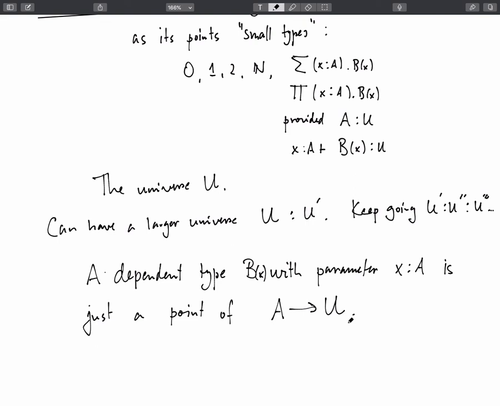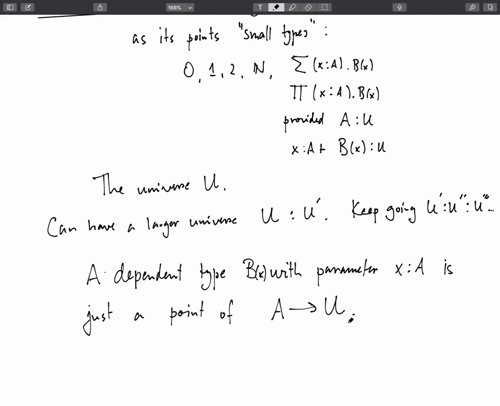And then you can simplify things by not having to speak about these parameters and stuff. You can just say, well, it's just a map into the universe of types. A very similar device works in set theory, where for U, you would just take the class of all sets. And then you can speak about functions from a set to a class, and there's no problem.